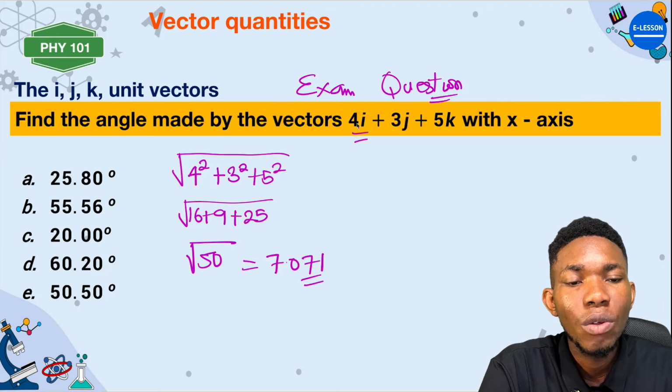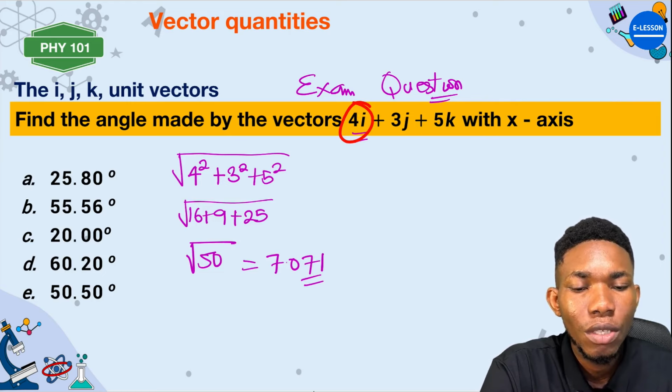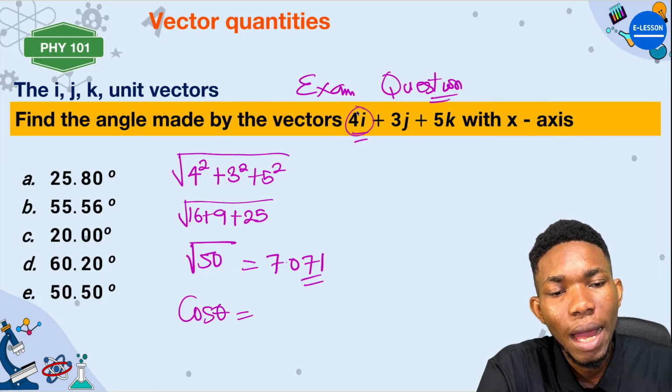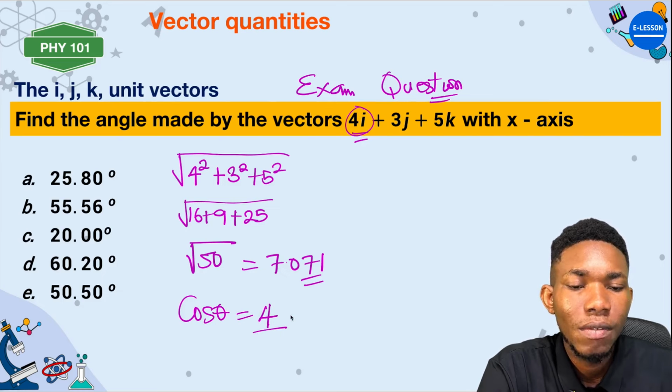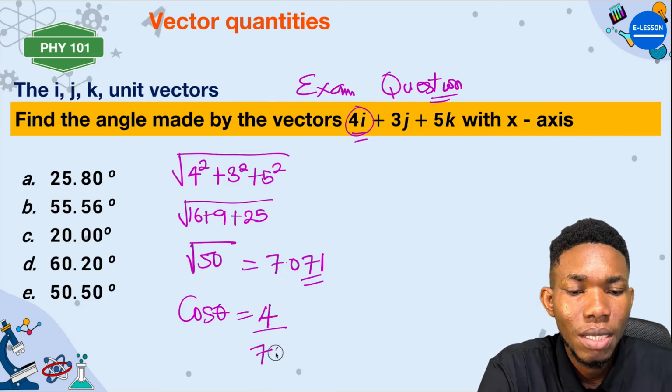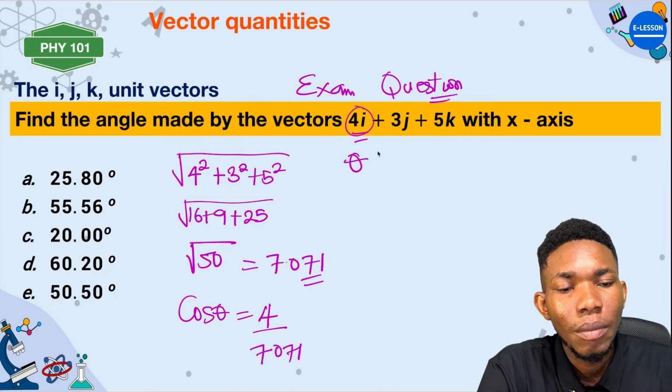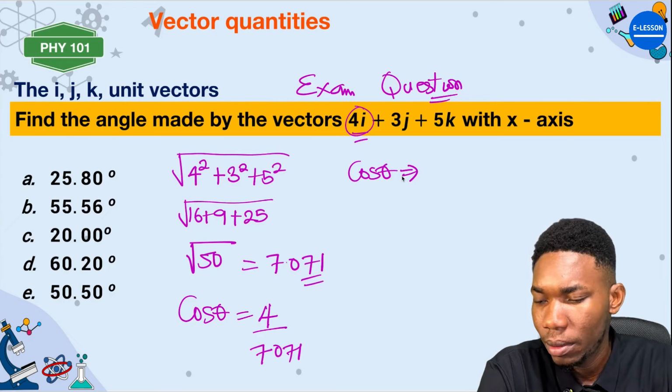Now, to find the angle it makes with the x-axis. Among everything here, which of them is the x-axis? Of course, it's 4i. So you are going to say cos theta will be equal to this 4i, the 4 there, divided by the magnitude, 7.071. So cos theta would be equal to 4 divided by 7.071.